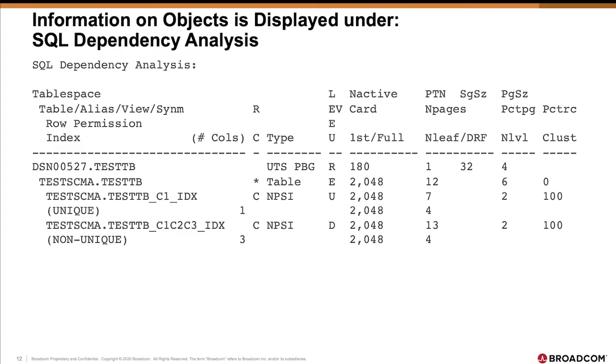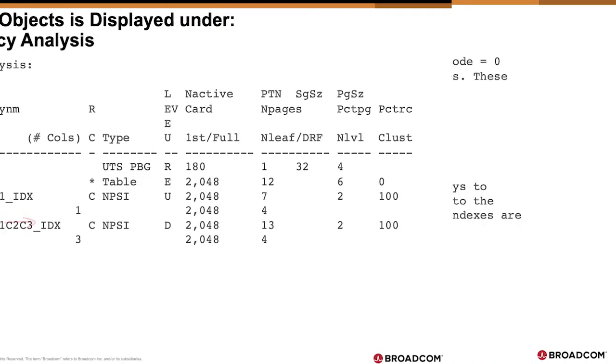As we page down through the report, we can see the SQL dependency analysis, and you can see that table test_tb has 2 indexes: test_tb_C1_IDX, which is a unique index with 1 column, and test_tb_C1_C2_C3_IDX, which has 3 columns and is a non-unique index.